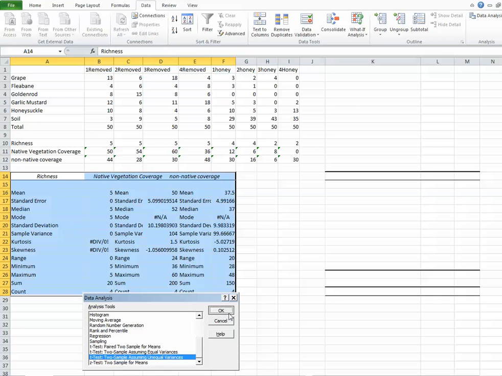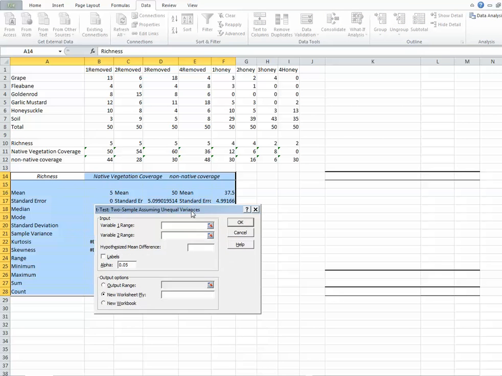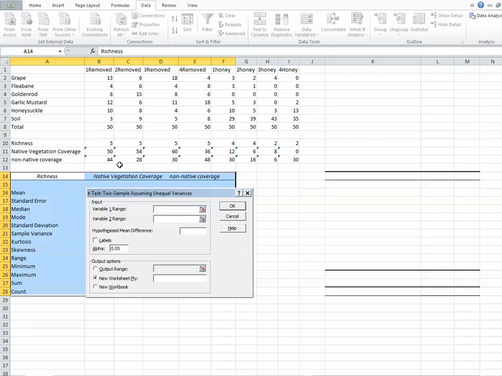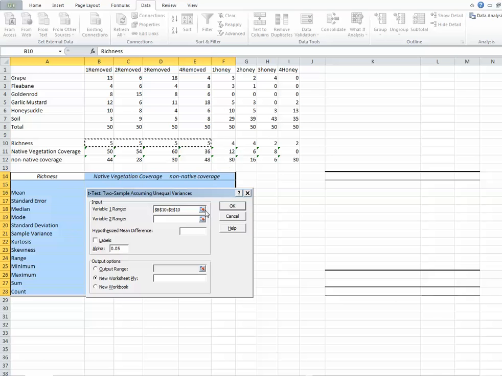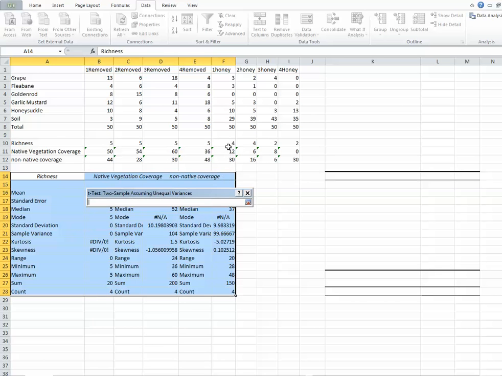So you click on that, hit OK. Now you input your two variables here. The first variable is where honeysuckle has been removed for species richness. Our second variable, we'll click on this little box and then drag over the 4 values for where honeysuckle is still dominant for species richness.